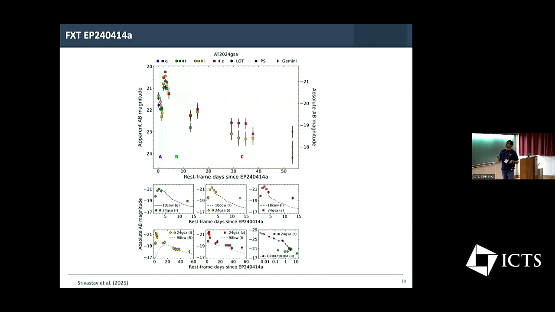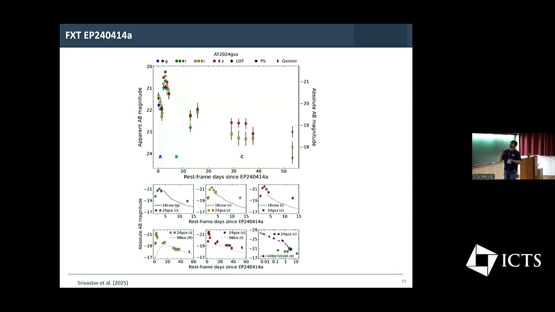They also have a very blue spectrum in phase B, and in phase C, the spectrum shows the properties of type Ic, which is basically associated with long GRB progenitors. In the lower panels, they're comparing it with AT2018cow, which is an FBOT, but at later times it's not matching, but also with SN 1998bw, which is a type Ic, and you can see that it's matching the type Ic light curve.